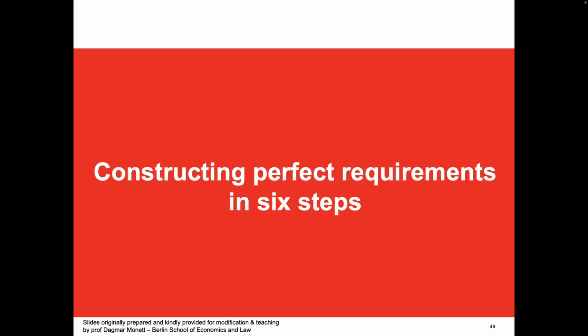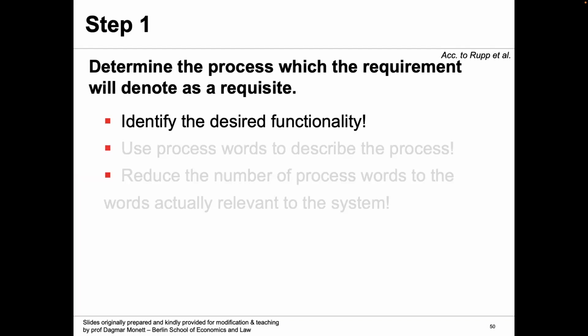It's basically based on a noun, a verb, and an adjective, right? So let's talk about the first step. Step 1 says: determine the process which the requirement will denote as a requisite. Identify the desired functionality.